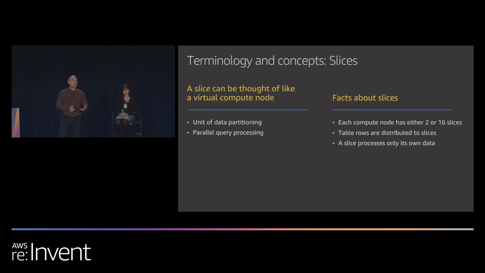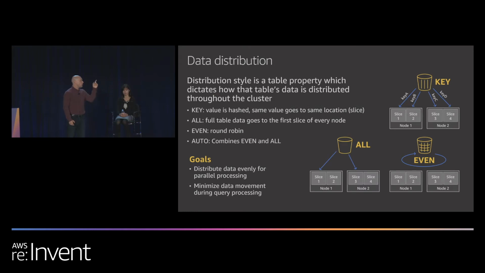This is a really important concept because we also need to be able to spread the data across the cluster. How we do that is through data distribution. We have a few different techniques for distributing data. The first is distributing by key. What key does is essentially pick one of the columns in the row.